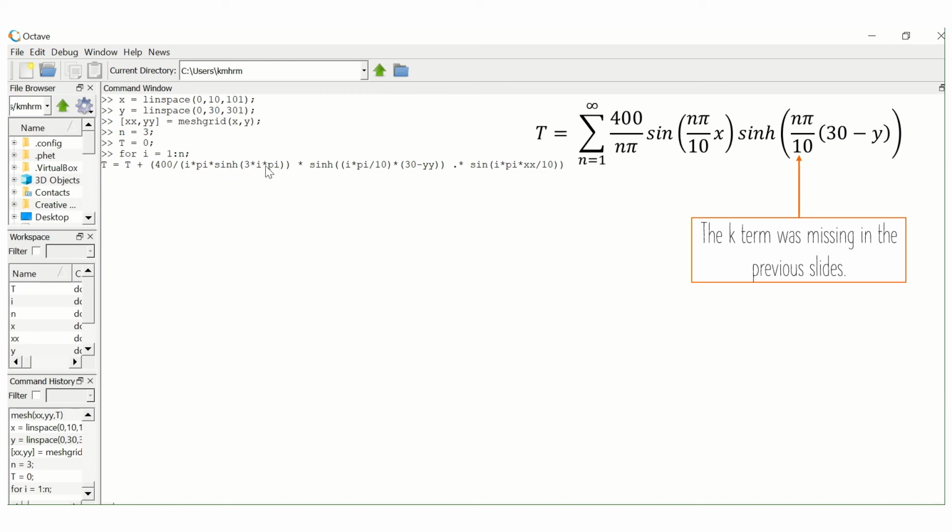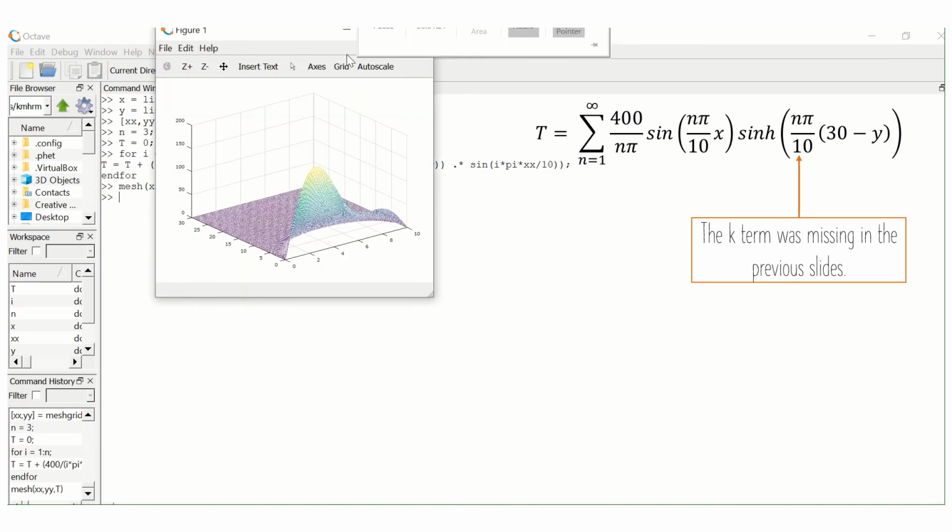So the I is actually n, right? But now this is a part of the loop. And then I have the sine function again and multiply by the sine function. So one is sine, one is sine, and now in the loop, I can plot this function.